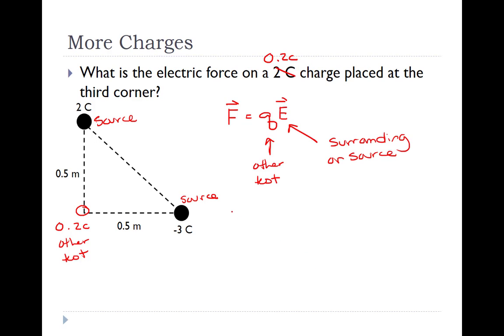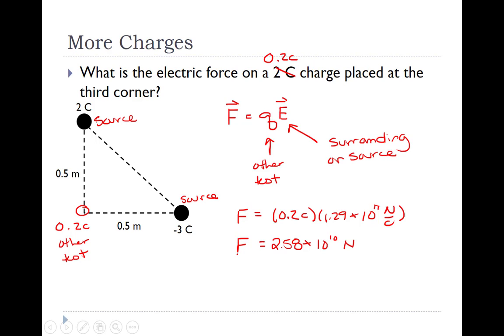Okay. So if I want to find that force, I can find its magnitude by taking 0.2 coulombs and multiplying by the field that we just calculated of 1.29 times 10 to the 11th newtons per coulomb. And that gives me a magnitude of 2.58 times 10 to the 10th newtons.